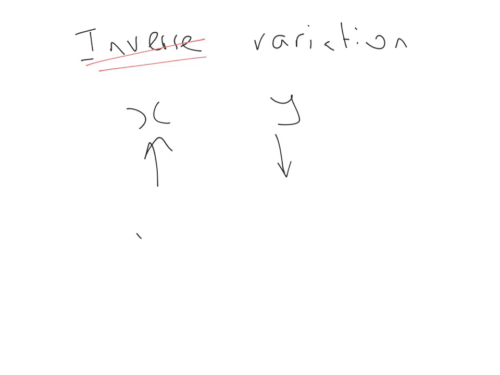Most of these look like this, but they all function the same way. You get an x number and a y number, work out what k is, and then it's exactly the same process, just with a different formula. They will say, for example, the cost of something is inversely proportional to the number of people attending.